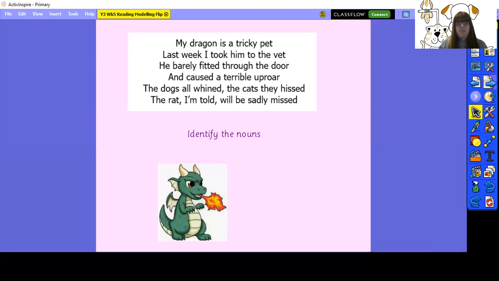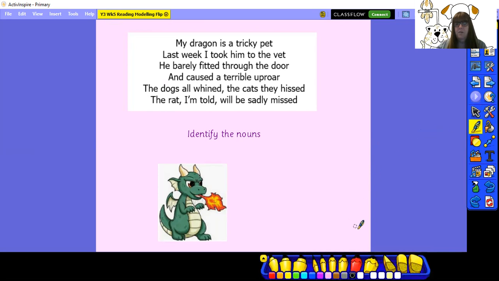So I've got a picture of the dragon down here. And if I was then to get something and draw the door frame around him, now you can see he's only just getting through the door frame.